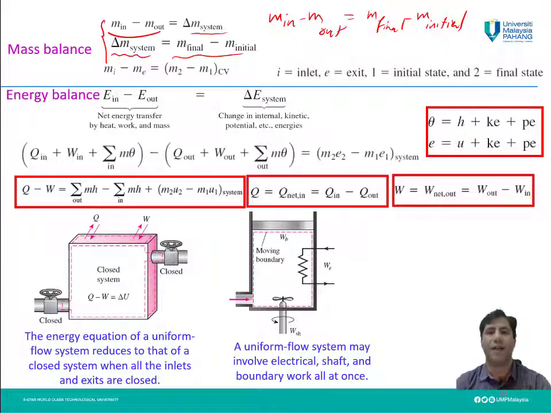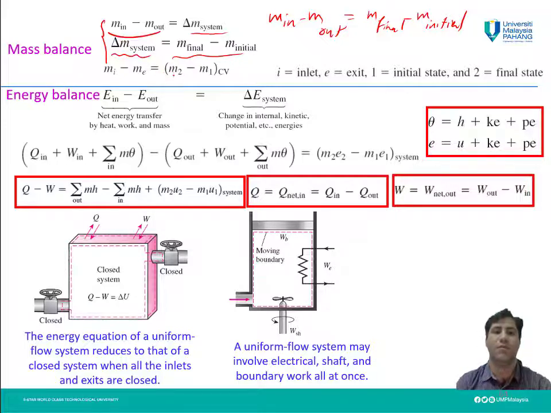If we rewrite it like this, instead of M in, we write Mi, the inlet mass to the system or control volume, minus Me, which is the exit mass from the control volume, is equal to, instead of M final and M initial, we can show them by 2 and 1.